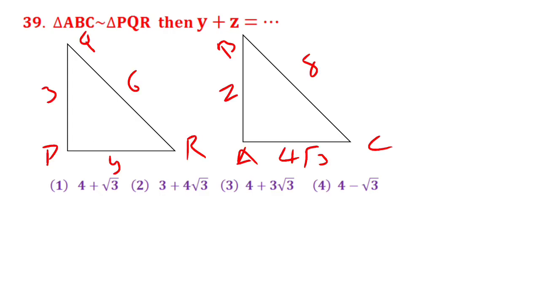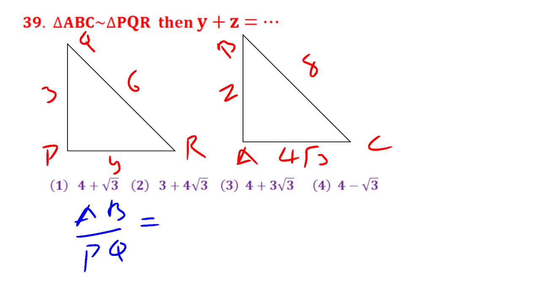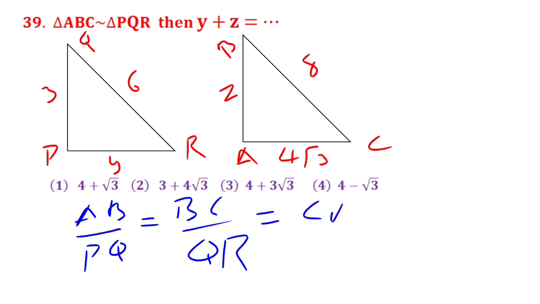39th question: triangle ABC is similar to triangle PQR, then y plus z equals dash. From the figure we have to find out the y plus z value. If two triangles are similar, then their corresponding sides' ratios are equal. So AB by PQ equals BC by QR equals CA by RP.